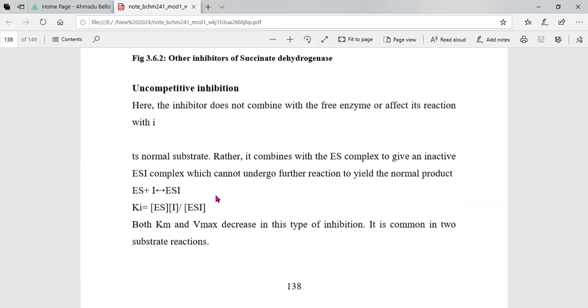So the enzyme goes for its normal substrate to form the enzyme substrate complex. Then the uncompetitive inhibitor comes and binds to the enzyme substrate complex, so that it becomes the enzyme substrate inhibitor complex. So the product of the reaction will not be produced.